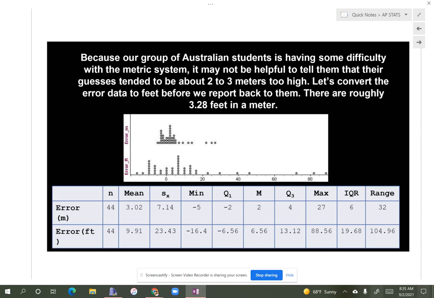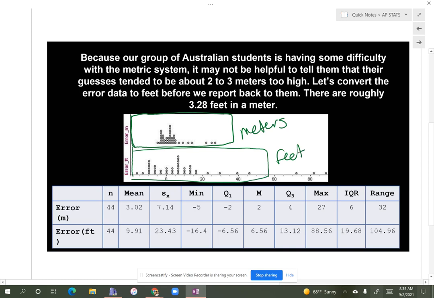So here's the error data that we just talked about, in meters, and then we changed it to feet. Looking at the top graph and the bottom graph, what do you notice about the statistical measures that we found?